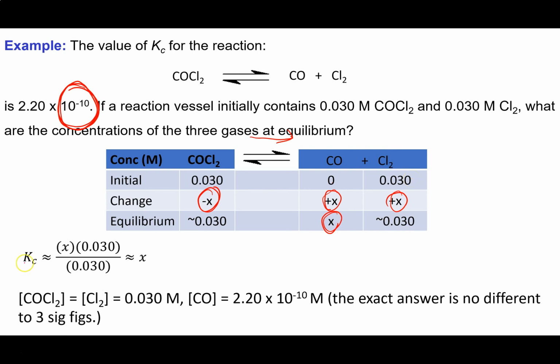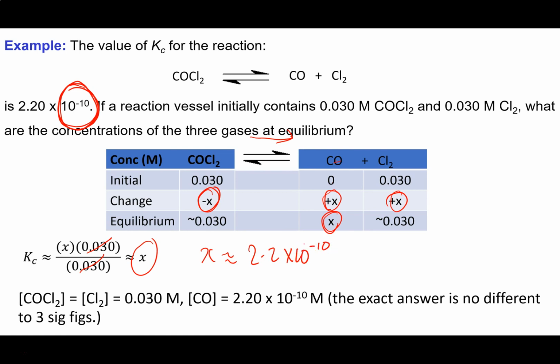So what that means is that Kc is approximately equal to X multiplied by 0.03, that's our products, divided by my equilibrium concentration of reactants, 0.03. You can see the 0.03s cancel out, and that gives me X. So I'm done, right? X is approximately equal to my Kc value, which was 2.2 by 10 to the minus 10.